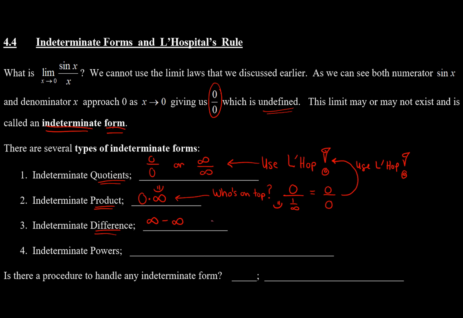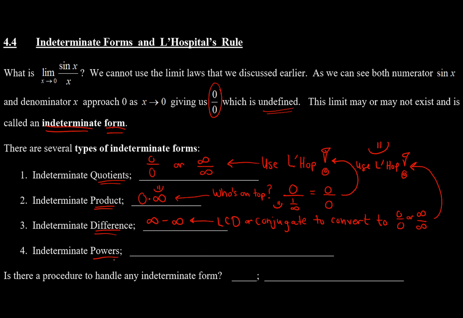So what I need to do is build up by the LCD or multiply through by the conjugate to convert this difference to 0 over 0 or infinity over infinity. Then I can use L'Hôpital's.